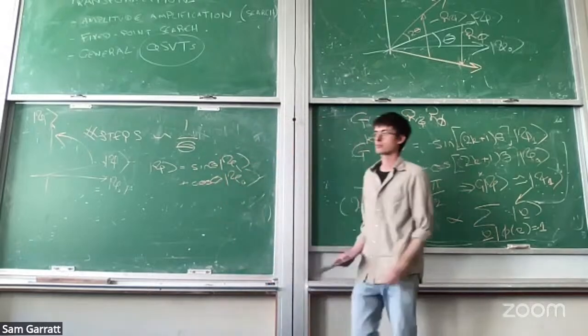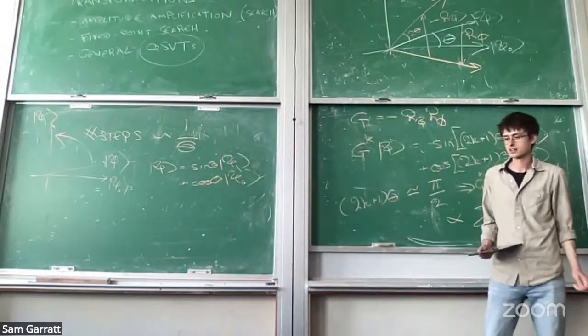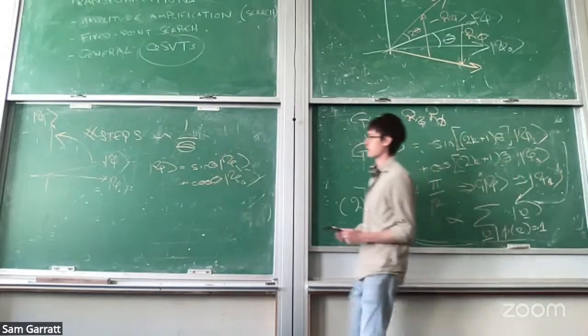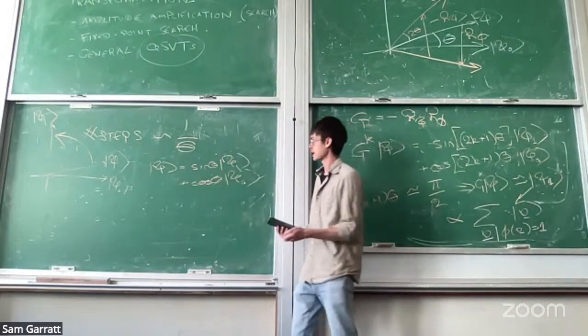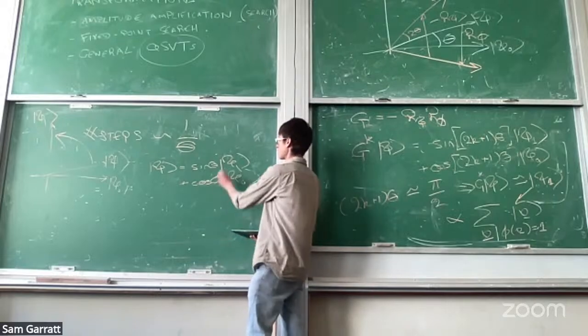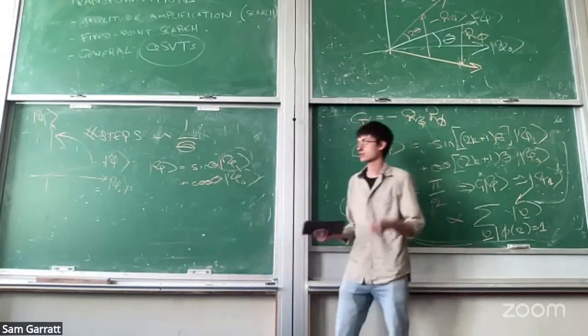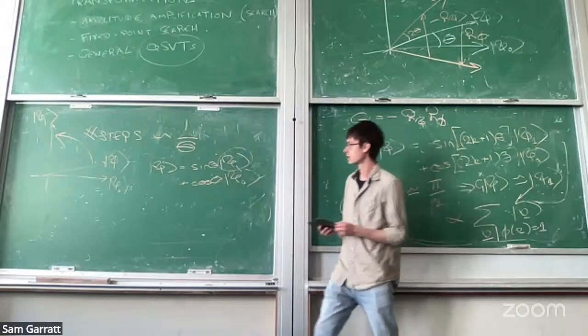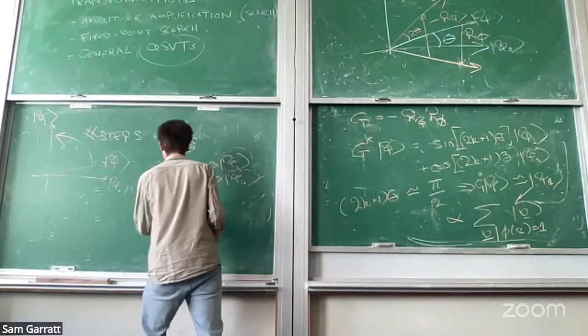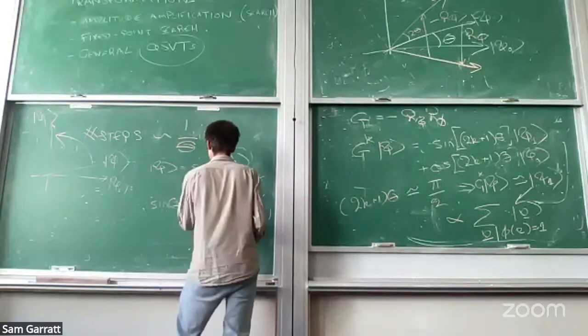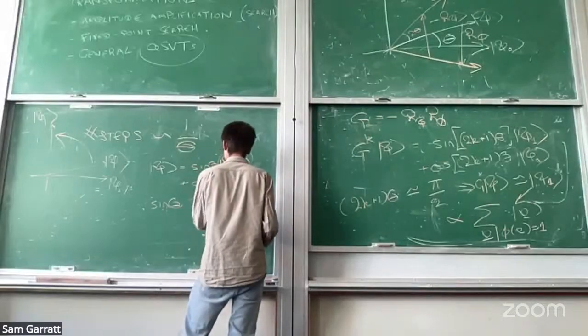So let's imagine for a moment that we were dealing with a slightly non-trivial search problem where there's not many solutions, right? So in that case, we say that the psi1 in this initial state has a pretty small amplitude relative to psi0. So let's suppose that sine theta is much less than 1, and so it's approximately theta.